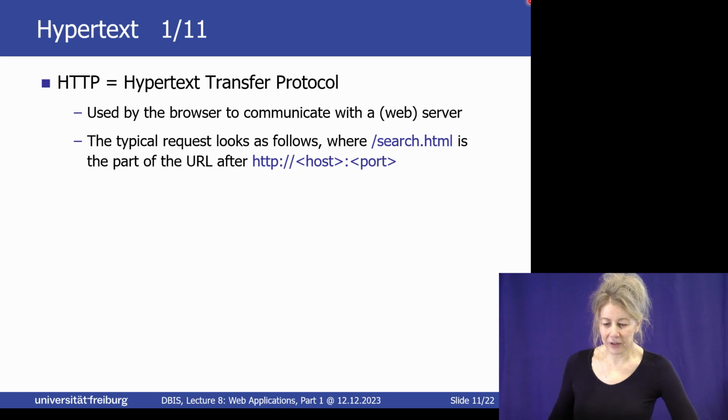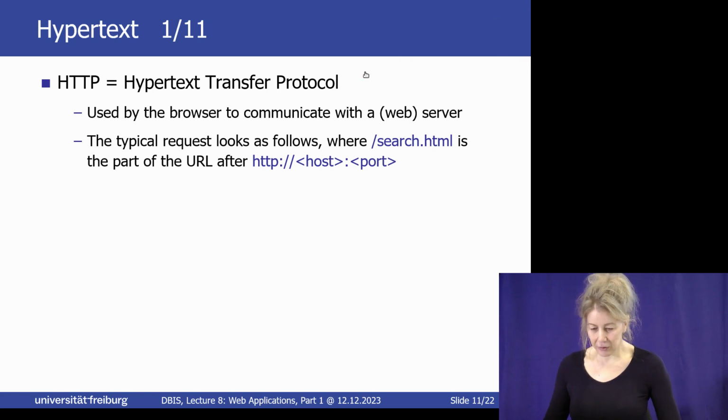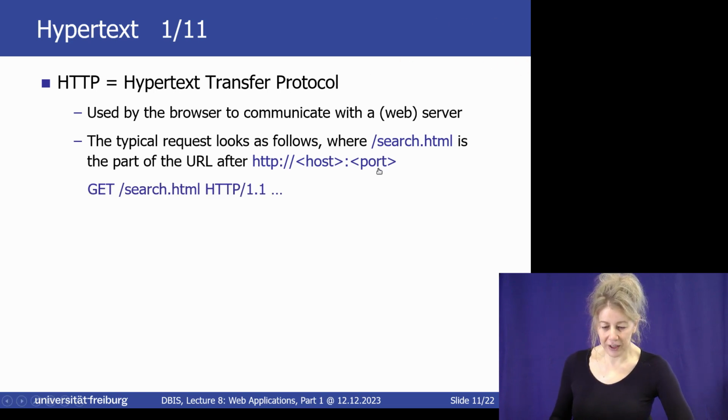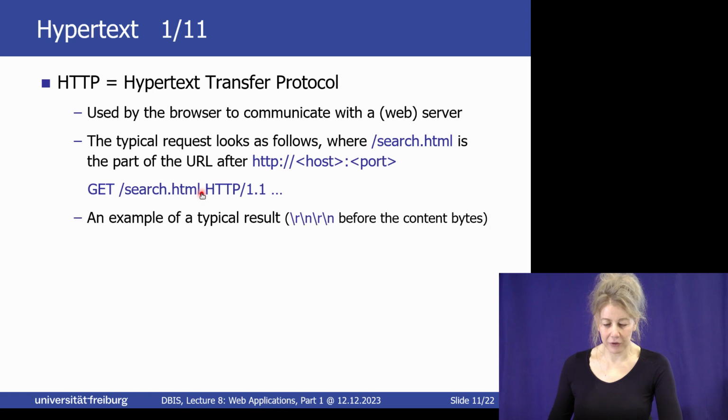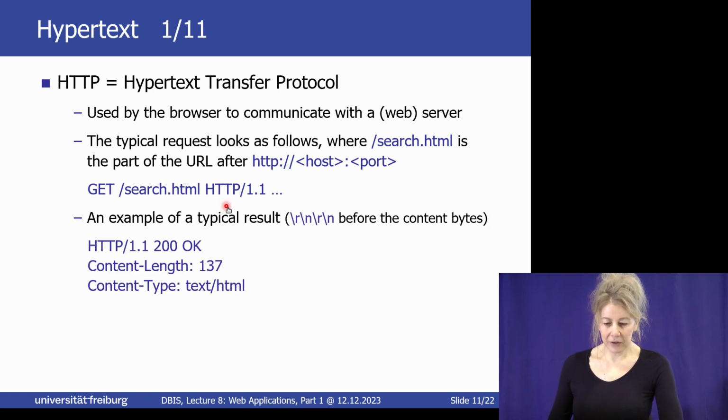We have already seen that. So this is how it works: host, port, and then it sends something. If you add something like this, and typically you add pages, this will be sent to the server.